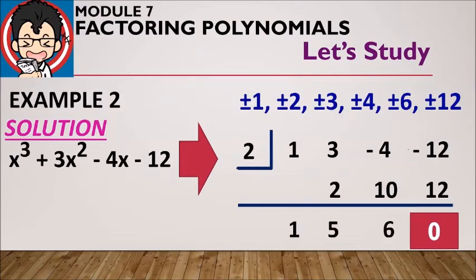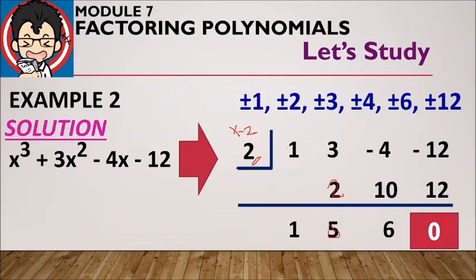Now this time, subukan naman natin gumamit ng positive 2. Okay? So, ano mangyayari kung positive 2 naman ang gagamitin natin? Ayun, no? Turns out, kapag positive 2 ang ginamit natin, or in other words, ang divisor natin ay x minus 2, remainder natin magiging 0. Double check natin. Bring down 1 times 2. We have 2. 3 plus 2.